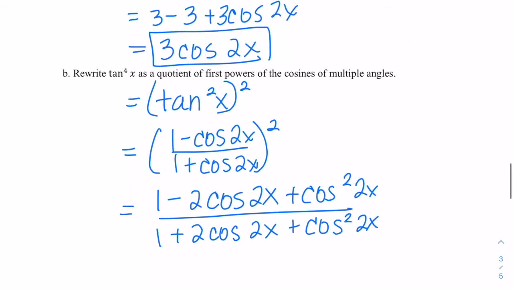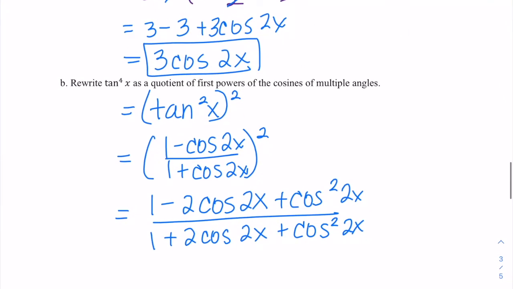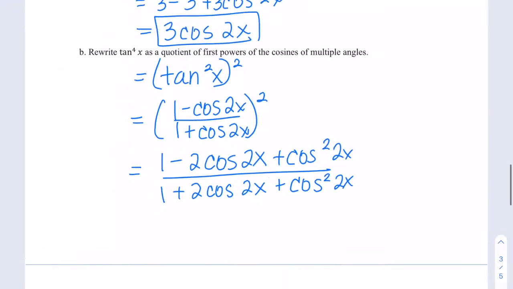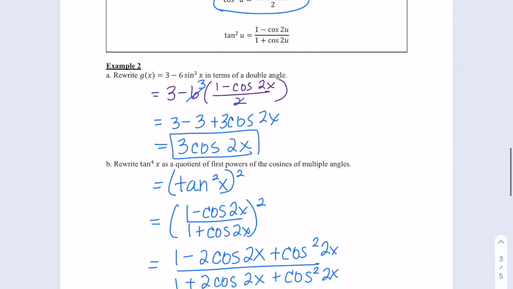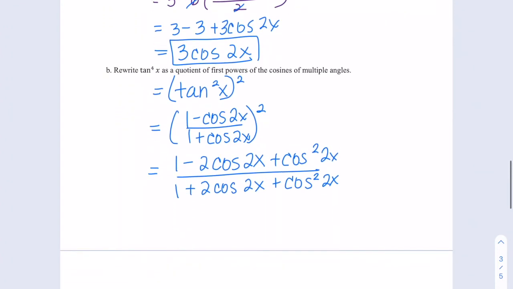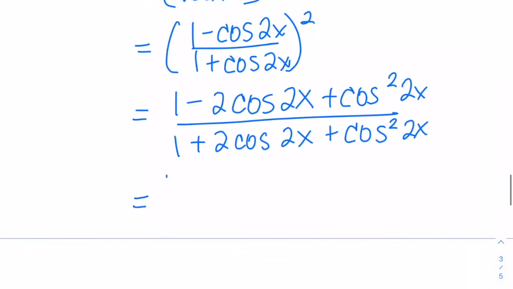Now here we have a double angle, so I can rewrite this double angle. This will become cosine squared of 2x, so let's rewrite this here. We have 1 minus 2 cosine of 2x. I'll leave that in double angles here.